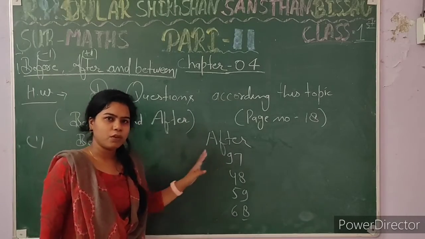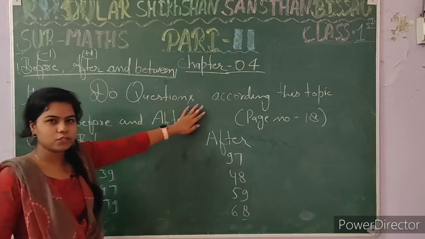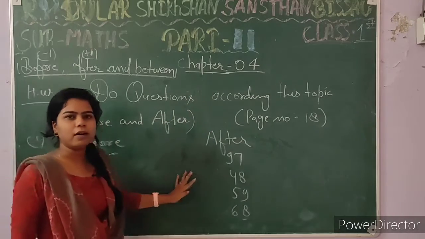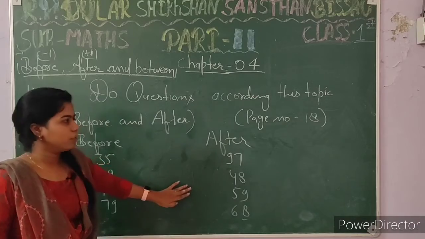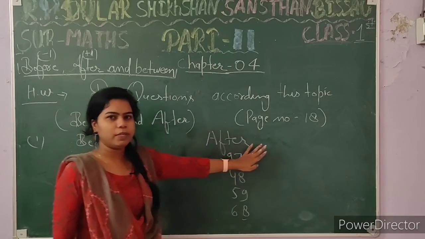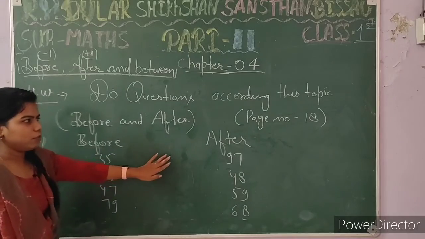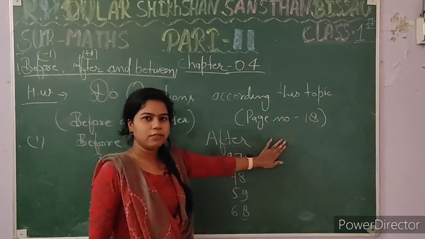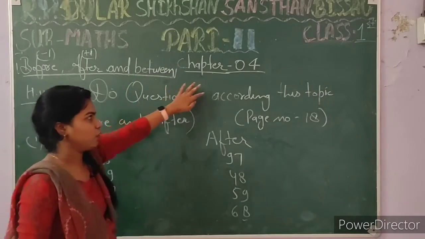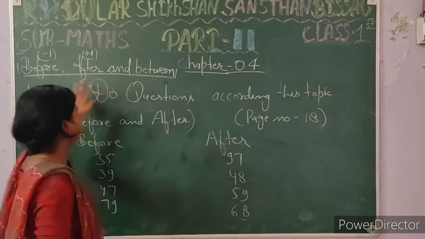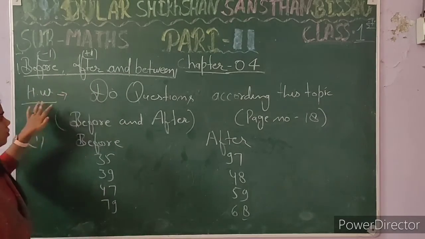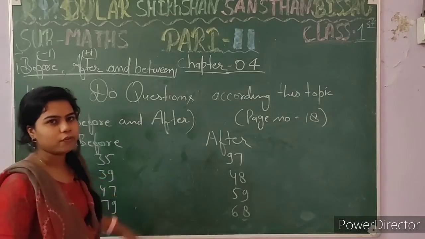Some before and after questions are given in your book, and you will fill them in your book and fair notebook. With the topic of before, after and between, first write chapter 4 and the topic name, before, after and between, then do these questions in your fair notebook.